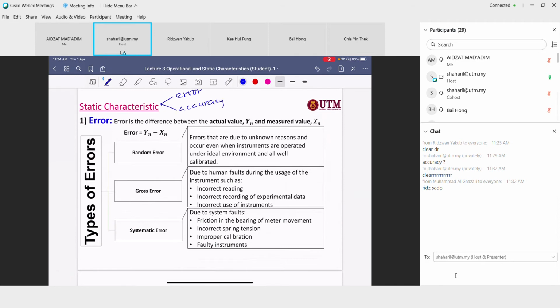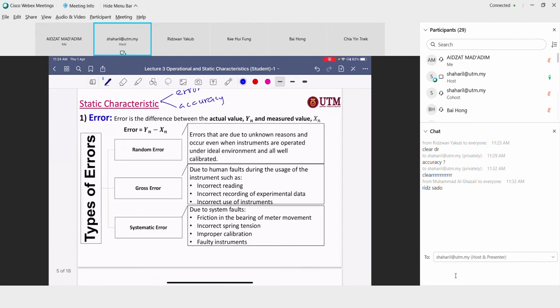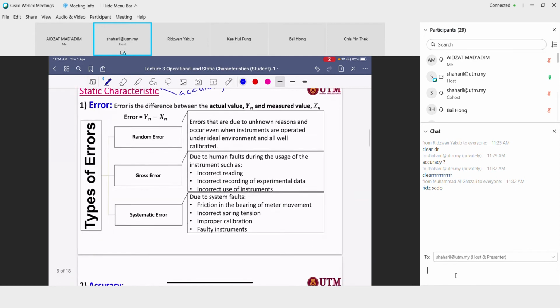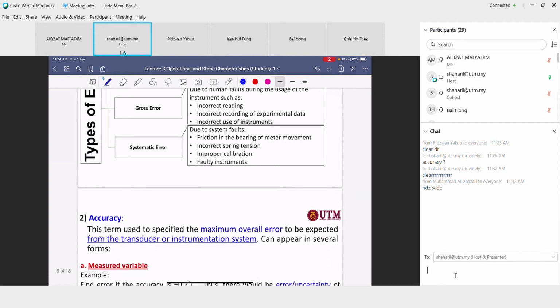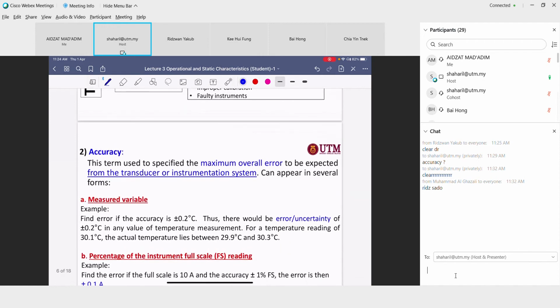Error is simply the difference between the actual and the measured value, that's why you get an error. The gross error is what we call the human fault. Systematic error is caused by the equipment or device itself, a fault of the instrument.